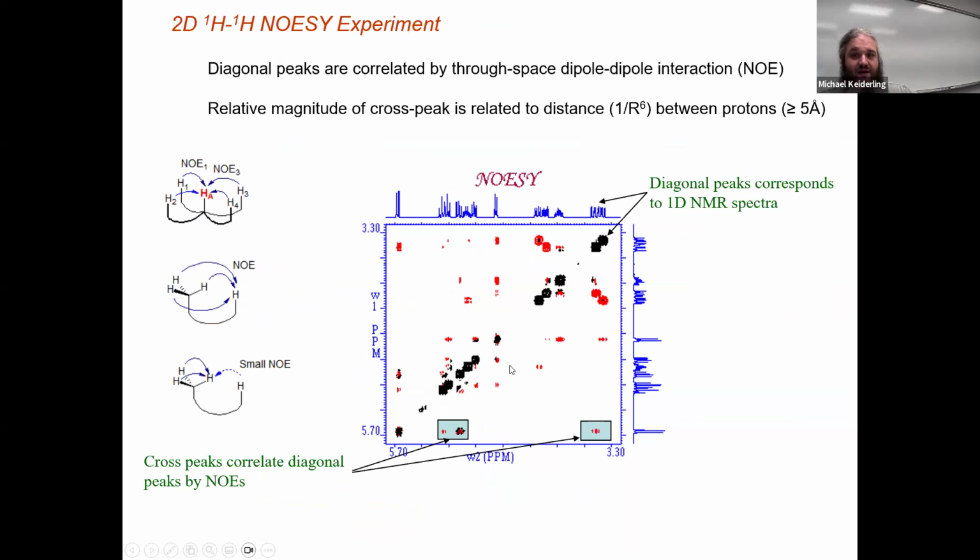The diagonal peaks are basically the 1D spectra, which you can see along the sides. And then the cross peaks are ones that interact with each other. And the relative magnitude of the cross peak is related to the distance between the protons, physically. So you can correlate protons from the diagonal that are physically close to each other.